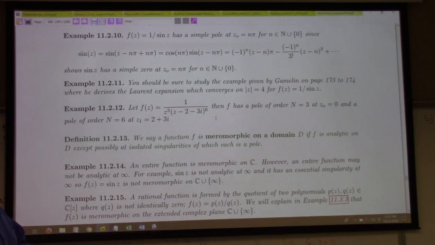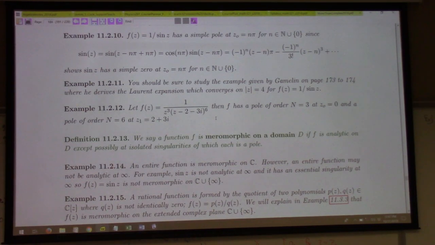So how many poles does an entire function have? Nada, right? Holomorphic functions don't have poles. But on the other hand, an entire function need not be analytic at infinity. For example, sine of z is not analytic at infinity. And so sine of z is not meromorphic on the extended complex plane, although it is meromorphic on the complex plane.